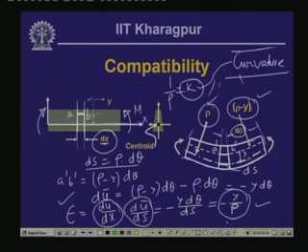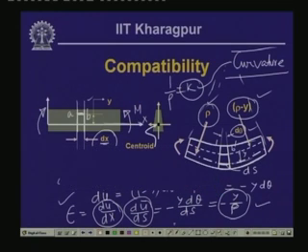Consequently, as we know the relationship between the stress and strain in terms of the modulus of elasticity, sigma is equal to E times epsilon. This is as per Hooke's law, assuming that we are dealing with beams which are within their elastic limit. So, within elastic limit, stress is proportional to the strain as per Hooke's law.